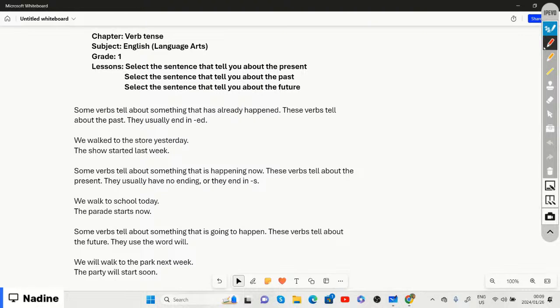These verbs tell you about the past, and they usually end in ed. That is basically also a regular verb.